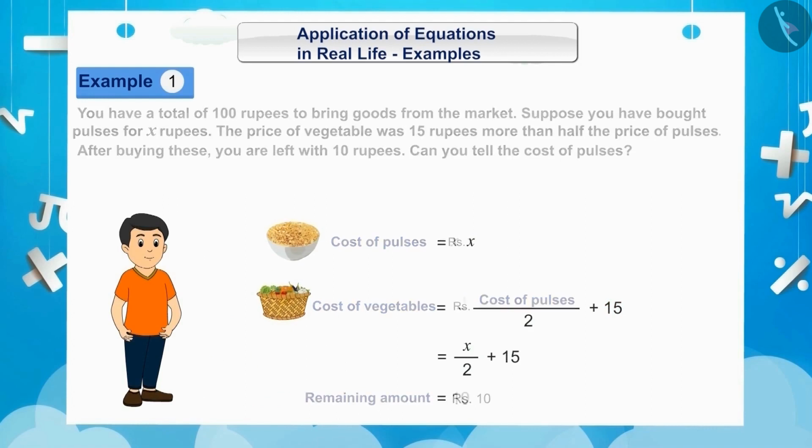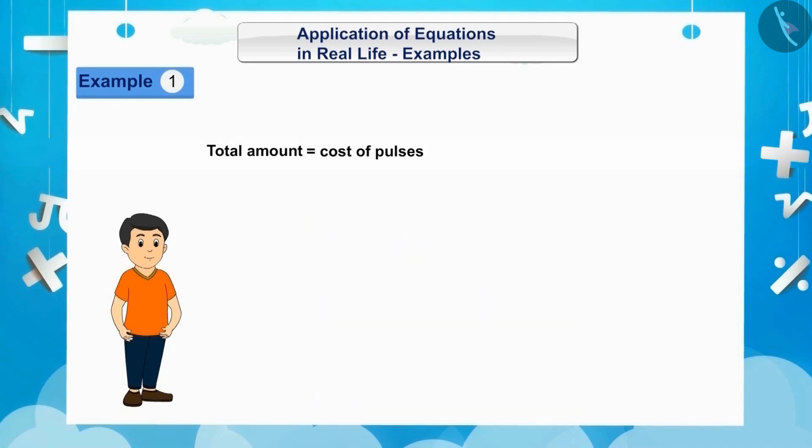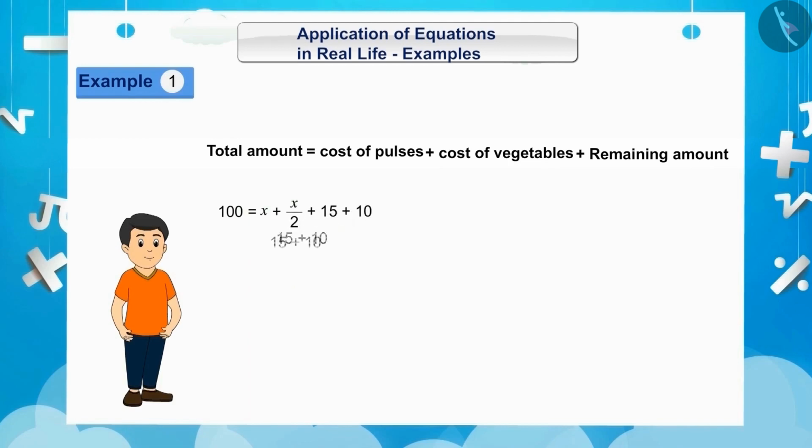We know that the total amount is equal to cost of pulses plus cost of vegetables plus the remaining amount. Therefore, our equation will be 100 is equal to x plus x by 2 plus 15 plus 10. 15 plus 10 is equal to 25.